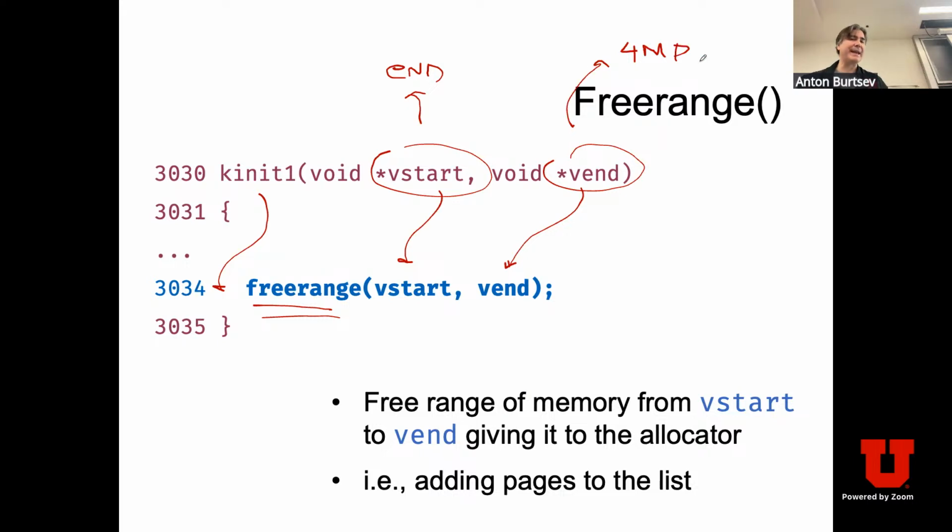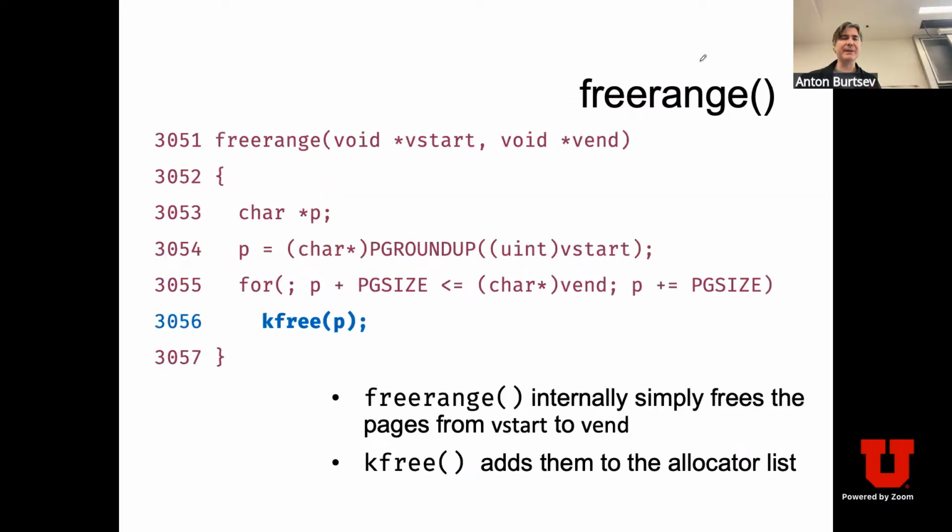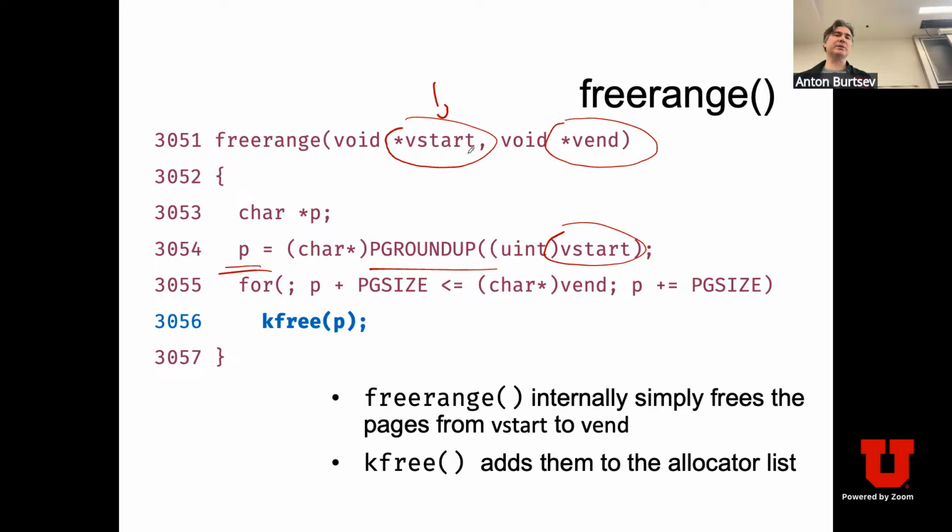And in order to put those pages on the list, they essentially just free the whole range. They say, look, we will be freeing the pages one by one, starting from this vstart address here. P is initialized to vstart, going until the vend, and they use the PGROUNDUP macro to make sure that if vstart is not aligned with the page, it will be rounded up to the next page.